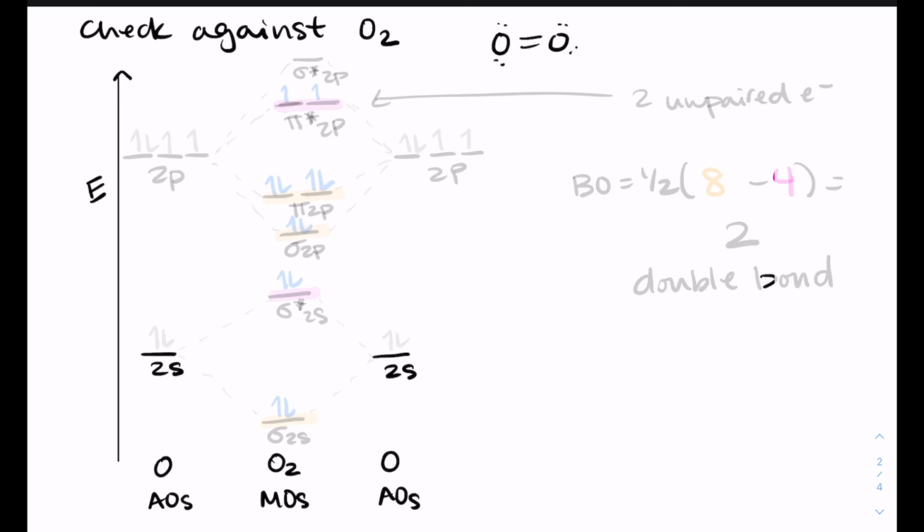So if each oxygen is bringing in 6 electrons, I have 12 electrons total to fill in my MOs. So starting from the lowest energy, everything pairs up, right? I have 2 in the sigma 2s, 2 in the sigma star 2s, 2 in the sigma 2p.